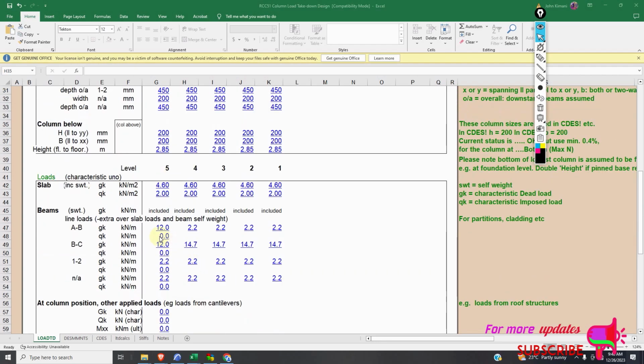Now we have not done the beam. So the self-weight of the beams will be the total load on the beam that is being transferred into that column. That will include the self-weight, the weight from the slab, the weight from the partition wall, and also the weight from the secondary beam. So it is going to be a total of all that.